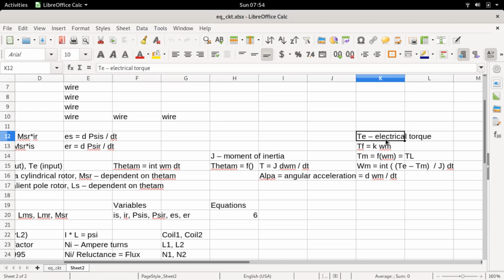And when they are outstretched at 90 degrees to each other, if the forefinger points in the direction of the magnetic field and the middle finger points in the direction of the current, the thumb will indicate the direction of the mechanical force.